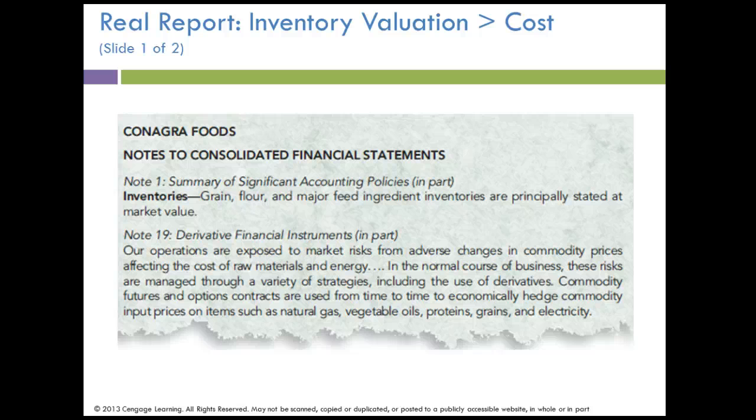So these risks are managed through strategies including derivatives. Commodity futures and option contracts are used from time to time to hedge commodity input prices on items such as natural gas, vegetable oils, proteins, grains, and electricity. So they're basically to protect themselves from their inventory being altered.